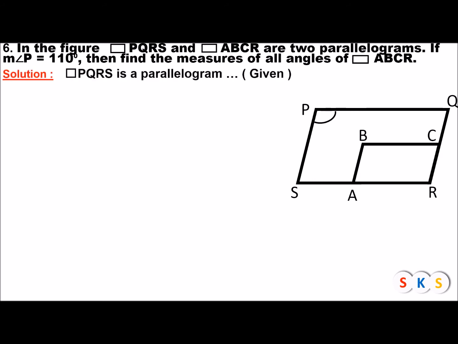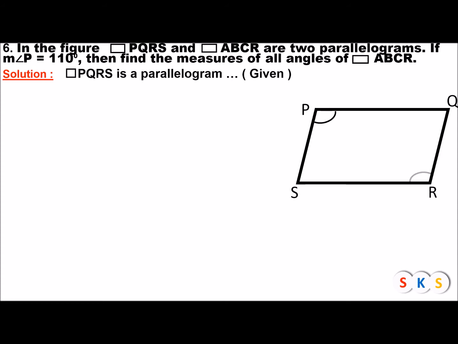You can see the bigger quadrilateral in this figure is a parallelogram, that is PQRS. And we know opposite angles of a parallelogram are congruent. Opposite angles of a parallelogram will have the same measure.